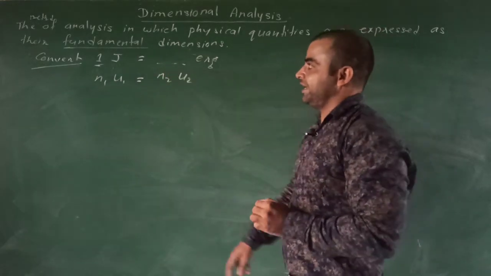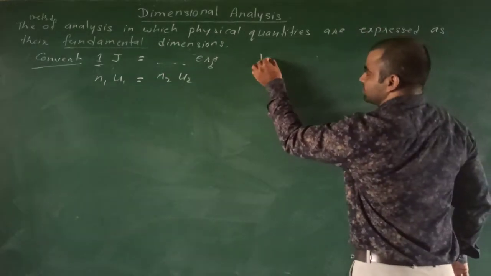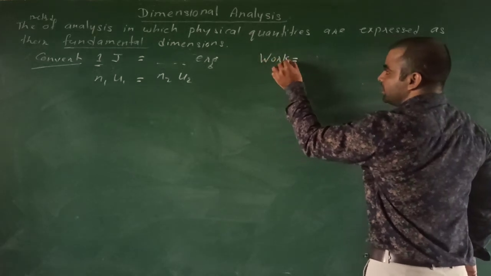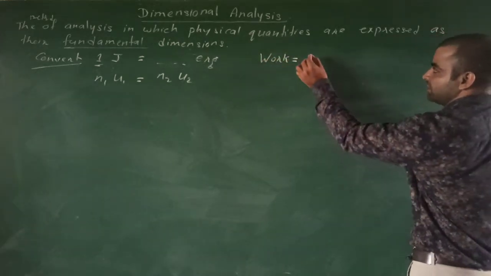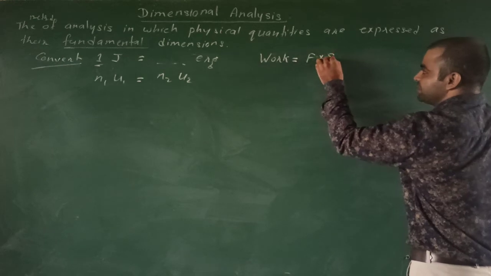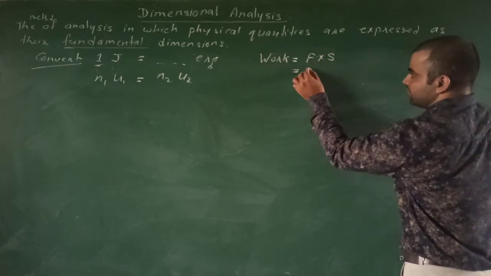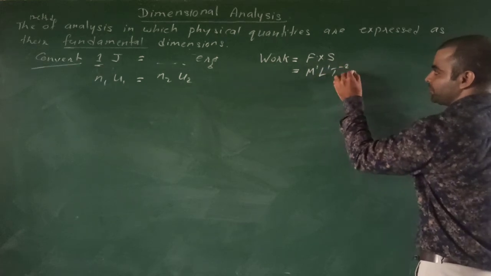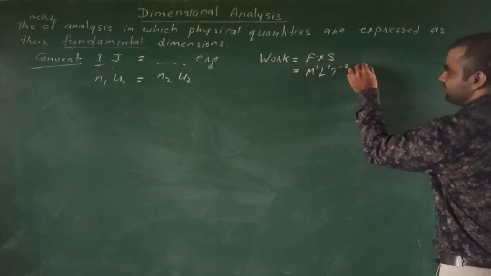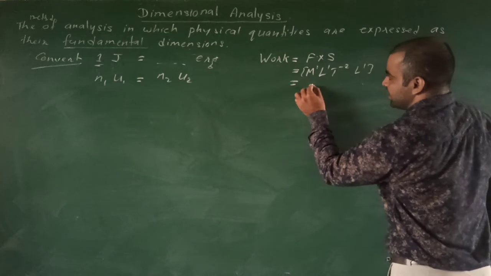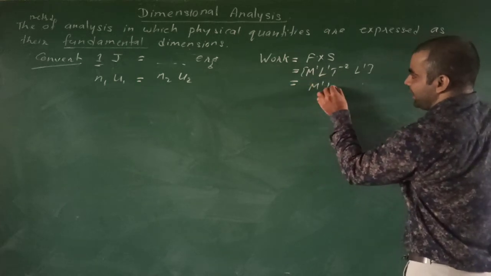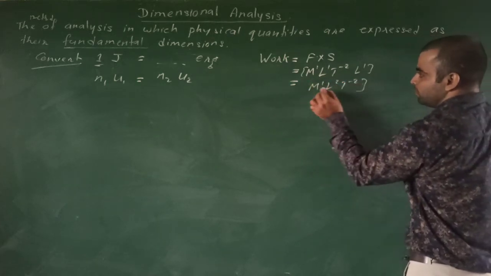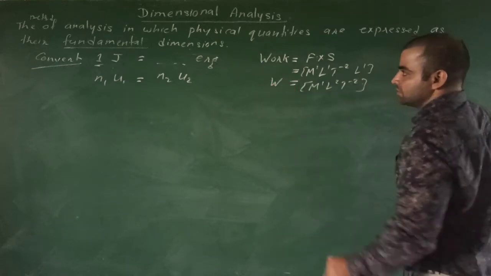And joule is the SI unit of work. Find the dimension for work. Force into displacement. Force dimension M1 L1 T minus 2, and for displacement L1. Dimensions will be M1, L2, T minus 2 for work.